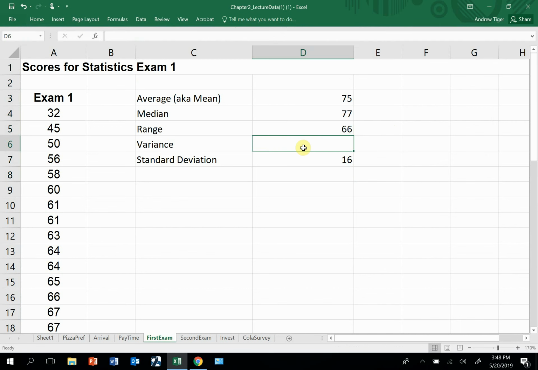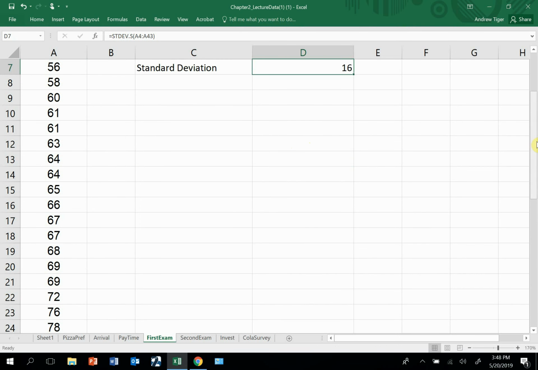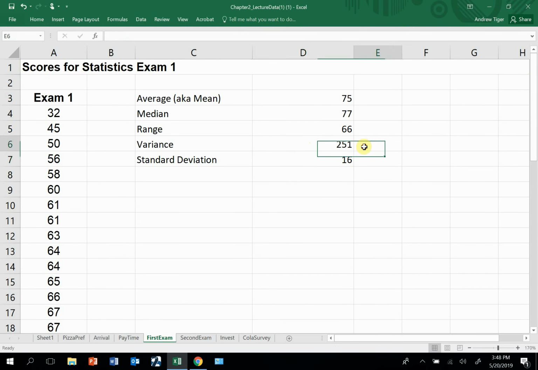But what is the variance? The variance is a formula in Excel called VAR.S, and I can grab that. And that's perfectly fine. But also, I can take the standard deviation and square it. So the variance is just the standard deviation squared. Same number.